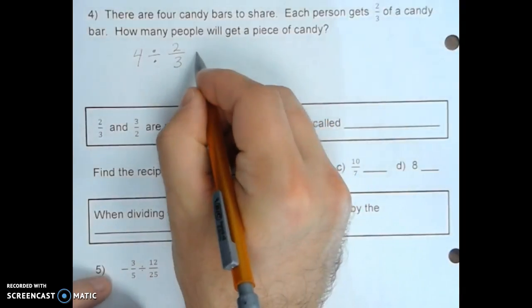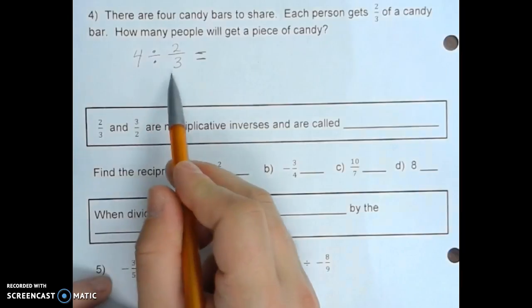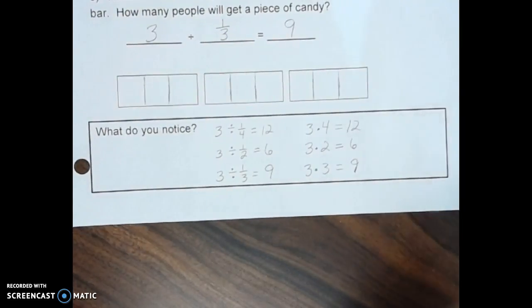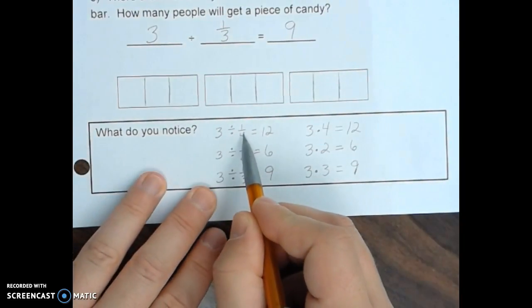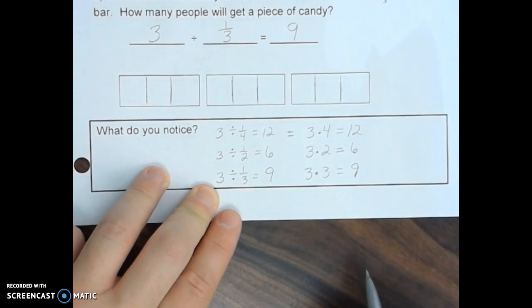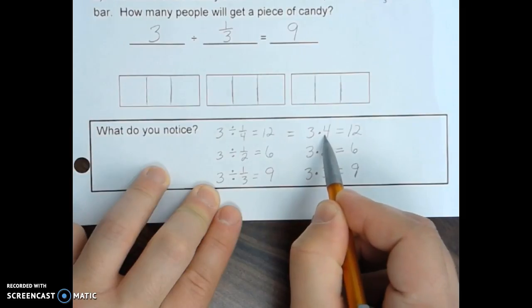Well, if you remember, in the examples that we just did on the front, we saw that the division problem was related to a multiplication problem. And if I flip back to what we saw down here, again, 3 divided by 1/4 was equal to 12. That's the same as 3 times 4, okay? And remember, you could take the number 4 and you could make that a fraction if you put it over 1.